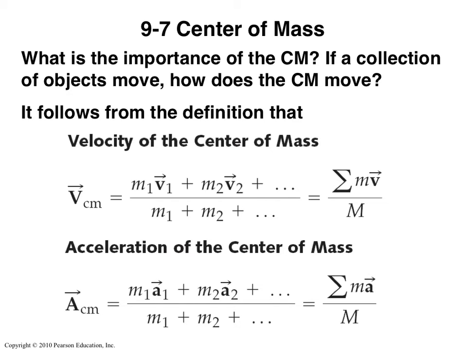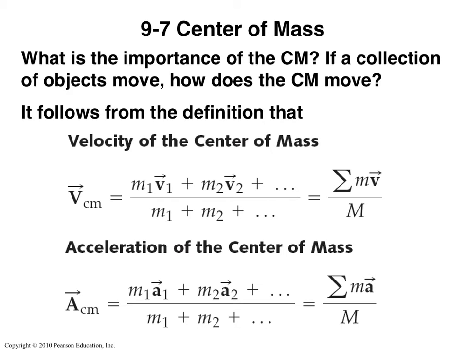Now, if you allow the objects to move, m1 would move, m2 would move, m3 would move, and they can move whichever way they want. My point is, if they move, then I can talk about what it is at an initial time and what it is at a final time. So I can talk about x center of mass final.